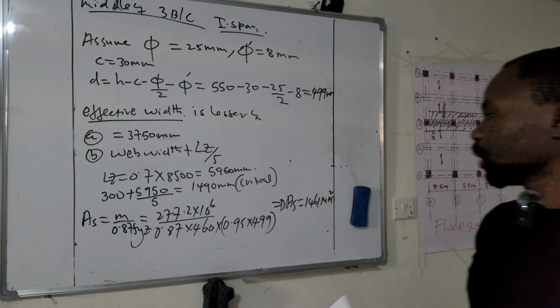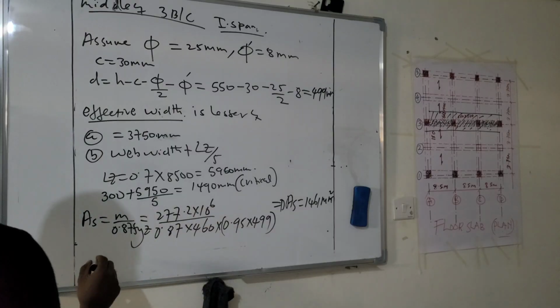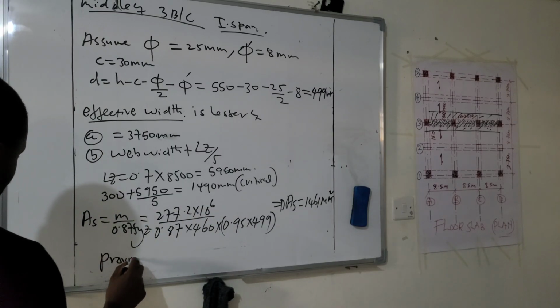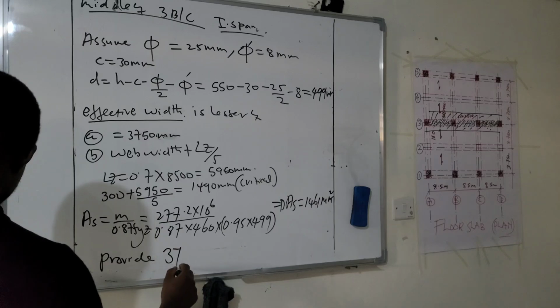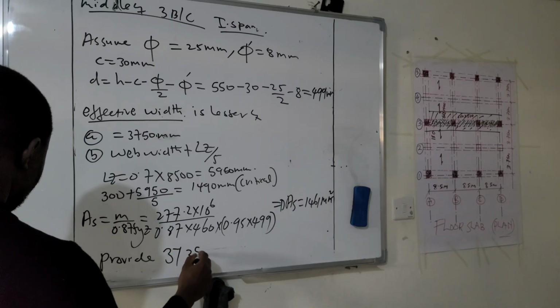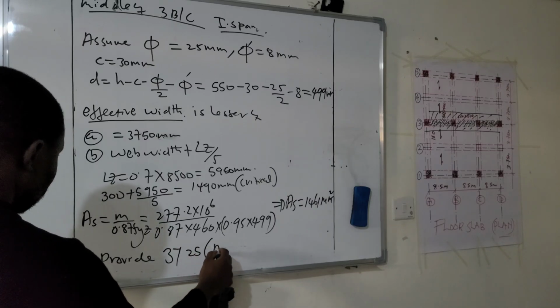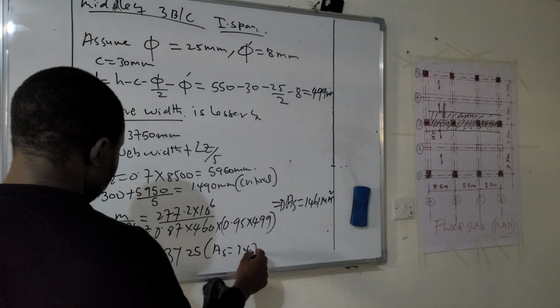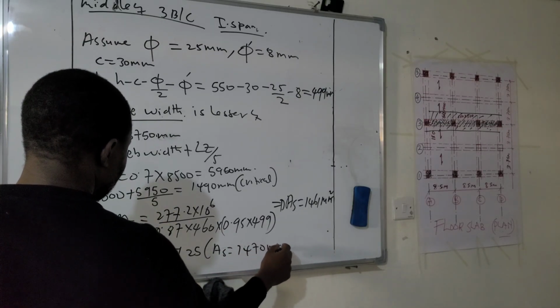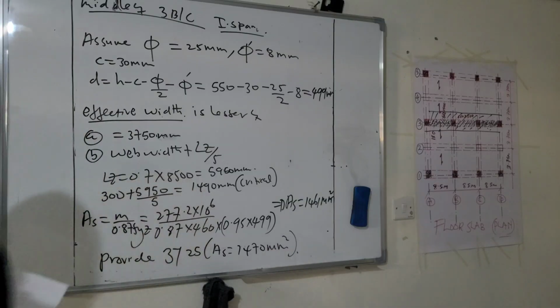Then we'll say provide 3Y25. Area of steel is equal to 1470 millimeter square.